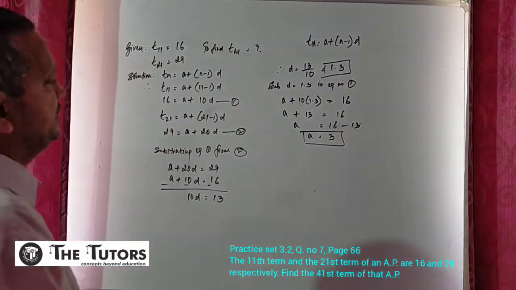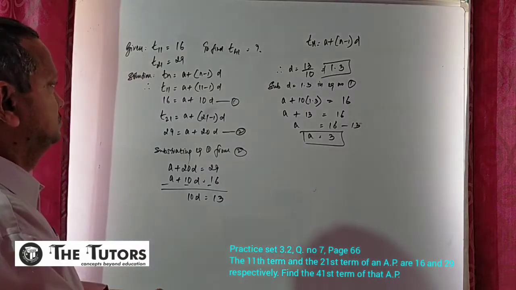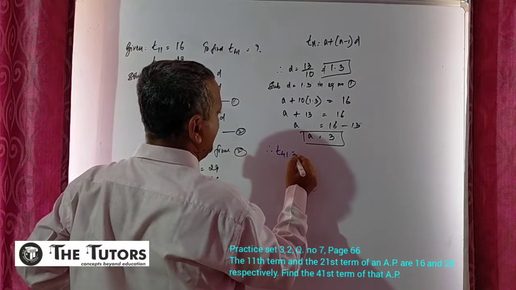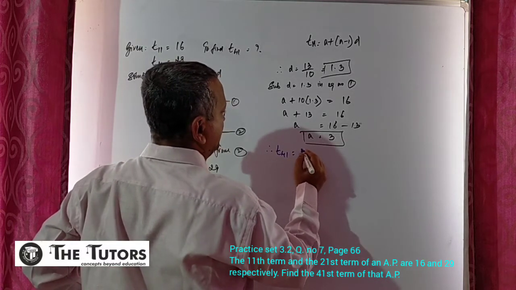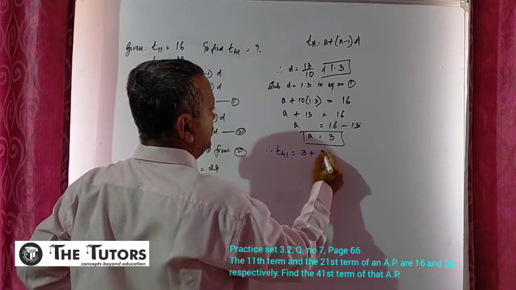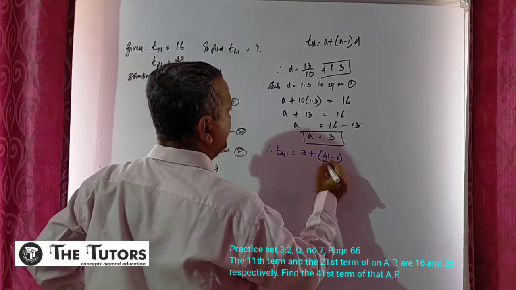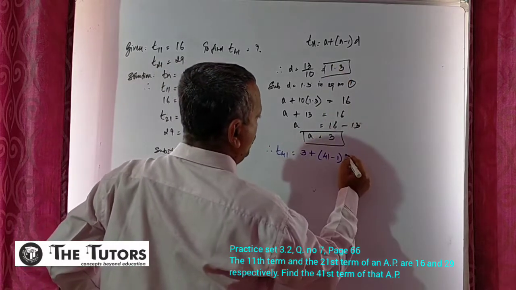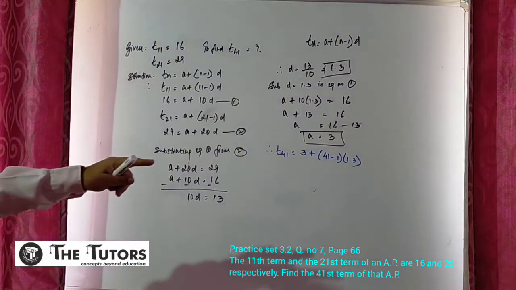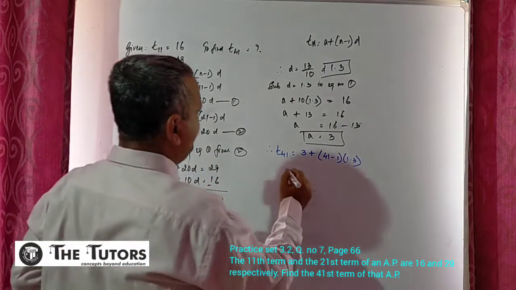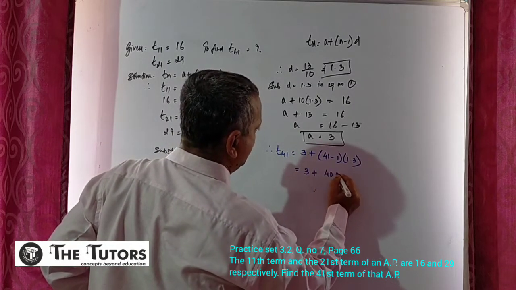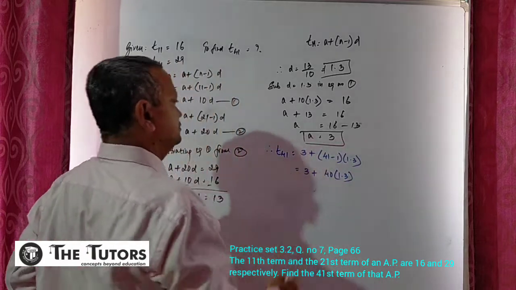You have to find out T41. Therefore T41 is equal to a, 3, plus 41 minus 1 into d, which was 1.3. 3 plus 40 into 1.3.